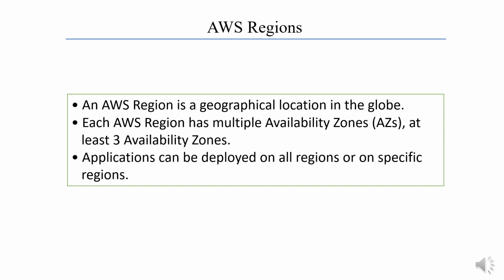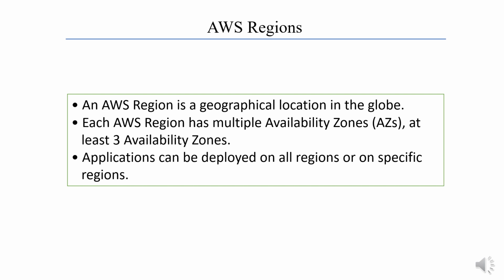There are situations when you need to make decisions to select AWS regions. It's important to note that AWS regions are independent. Each AWS region is designed to be isolated from the other AWS regions to achieve the greatest possible fault tolerance and stability.